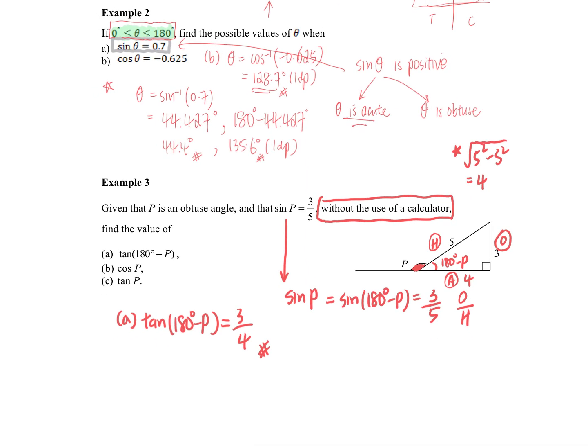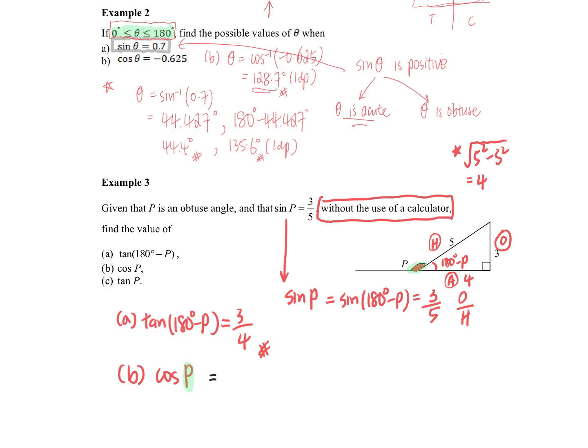Okay, next one. What about cosine P? So remember, this P that we are talking about is the obtuse one outside. The obtuse one. So how is this related to the acute answer? Just now we say, right? How is this the same as the acute answer? From the first page, just now we had this. Just add a negative sign in front.